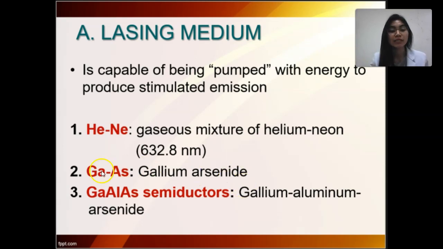So mas kayang mag-penetrate nitong numbers 2 and 3 na lasing media versus your helium-neon. But when you compare these lasing media with your IRR, syempre, you would have a deeper penetration using these media than using the IRR. It's just that pagka kinumpare na natin between the lasing media itself, mas deeper yung numbers 2 and 3.